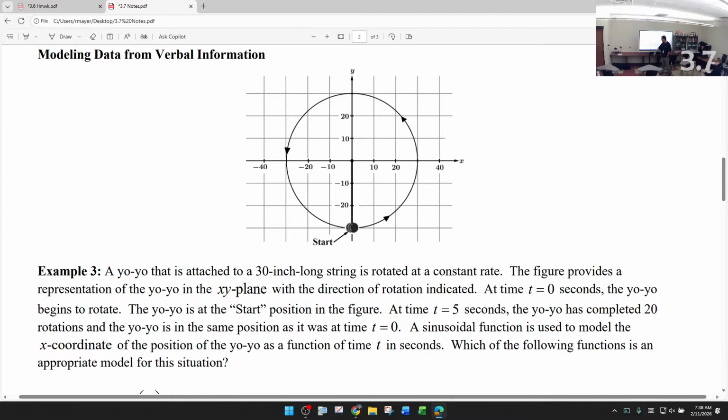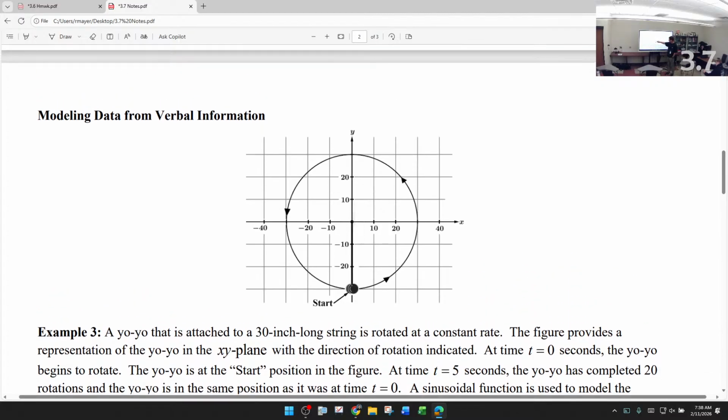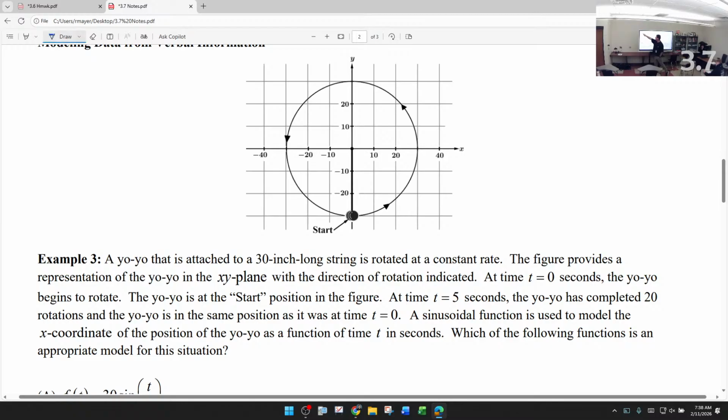A yo-yo is attached to a 30-inch long string. Must be right there is the center of my yo-yo, because this is 30, and that is 30, and this is 30, and that is 30.